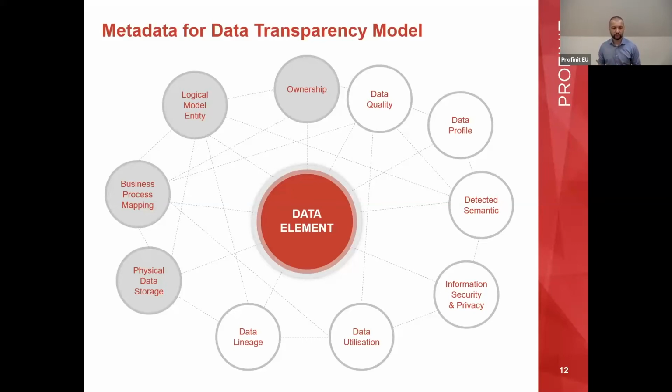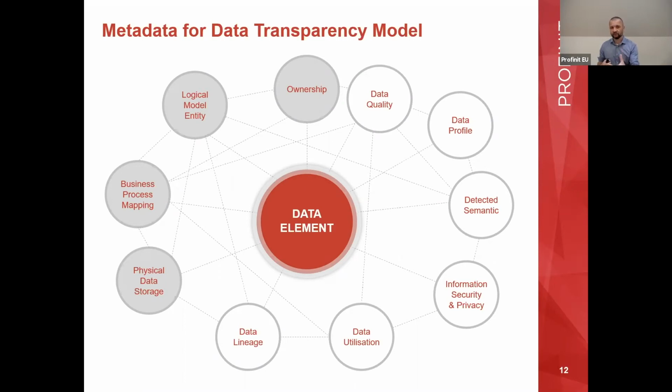We can even define the semantics automatically. You may say that semantics is something similar to a logical model, to naming of the data. But I can give you good examples where the data which belong to a specific piece of the logical data model contain different semantics. So we need to try to understand what is really inside the data.